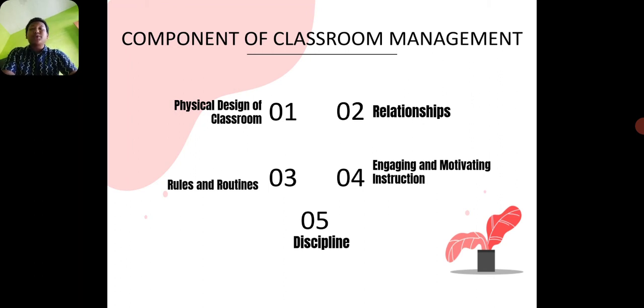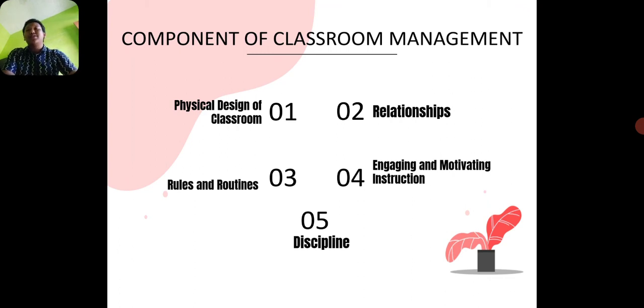Number two is rules and routines. Teachers establish class rules and routines such as handing back papers and taking attendance to keep the class activity running smoothly with as little disruption and loss of time as possible.